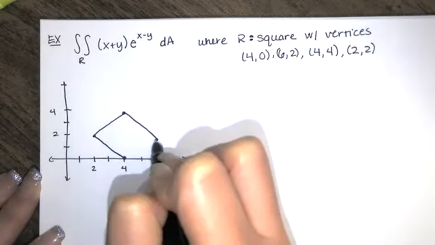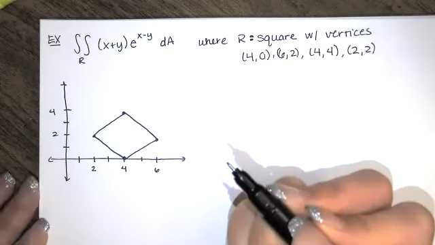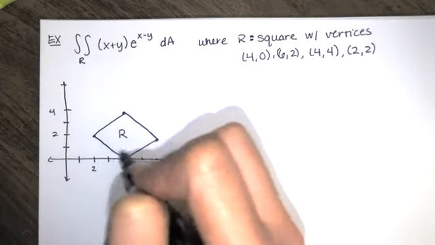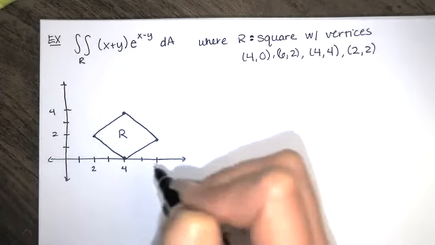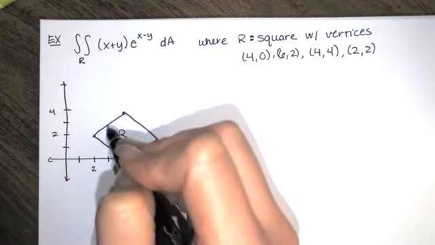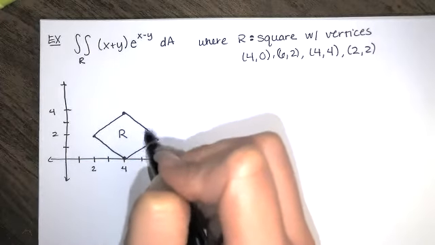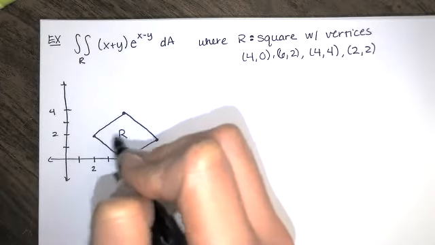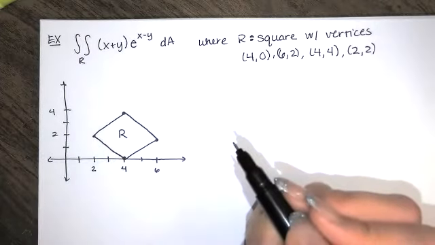This was to scale. That's the region R. It wouldn't be too bad in rectangular coordinates. We just have to do an integral from 2 to 4 and an integral from 4 to 6, integrating with respect to y first and then x over these two halves of this square. That's a possibility.